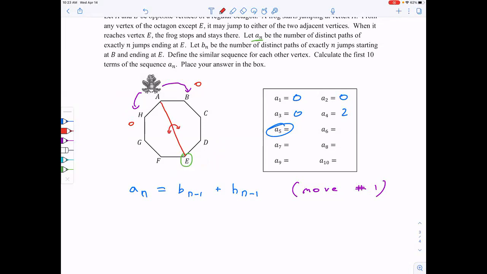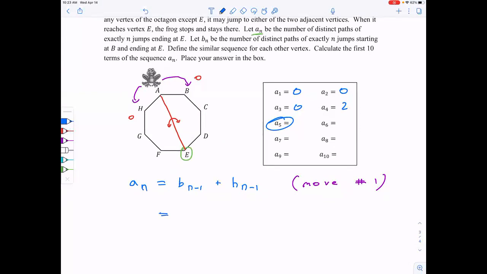So the B sequence is exactly the same as the H sequence. And G is the same as C, F is the same as D. We might not ever have to think about G and F at this point, because we can just think of symmetry by working on one side of the line of symmetry. So A sub n can be written as B sub n minus 1 plus B sub n minus 1.